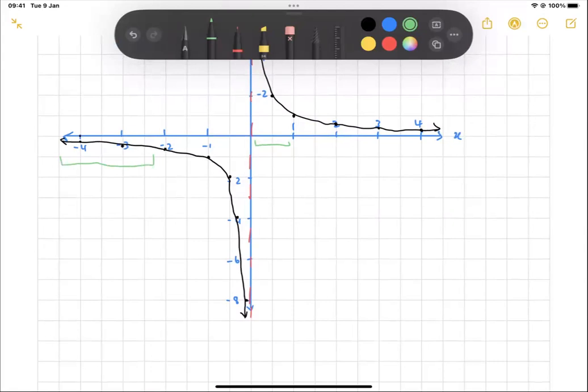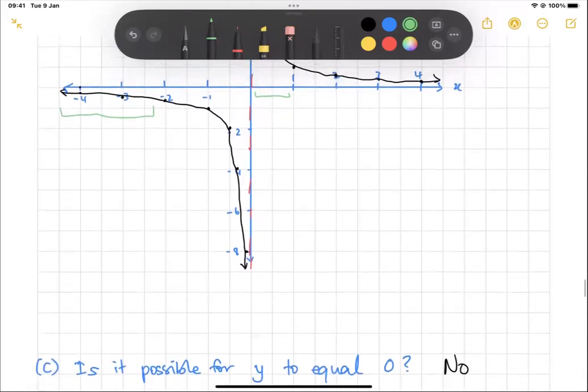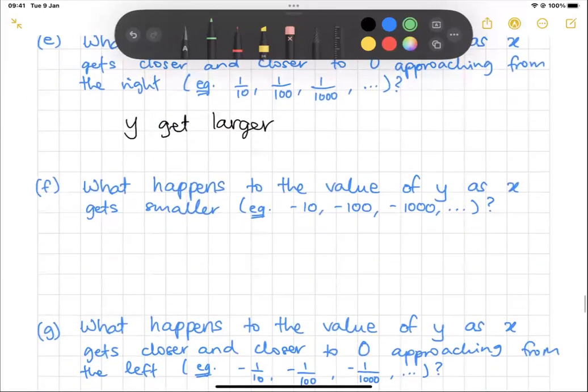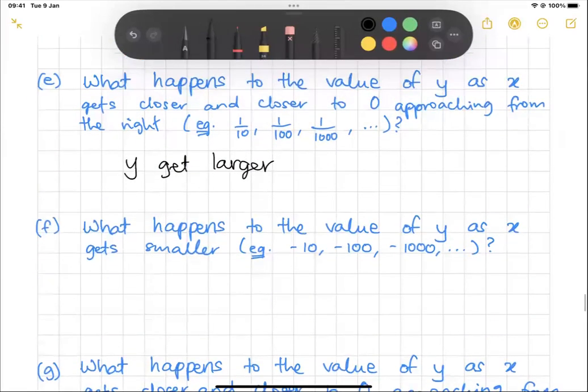Well, for this one, it seems like it approaches closer to 0, right? My y value approaches 0. So what I'm going to do is write down for F, y approaches 0.